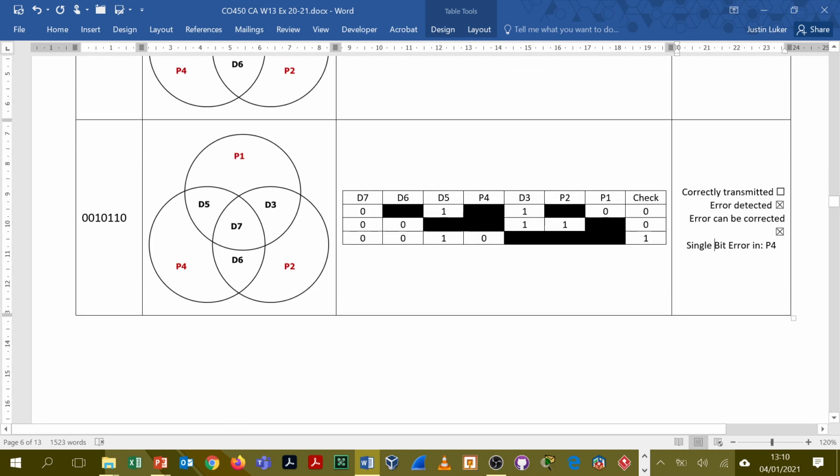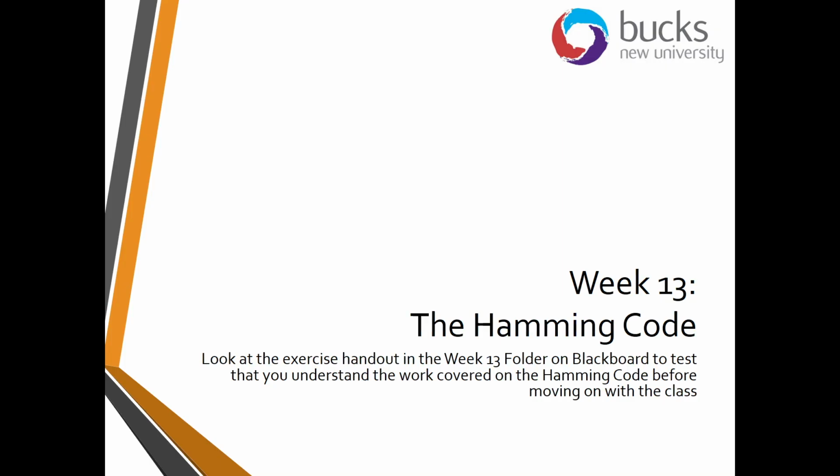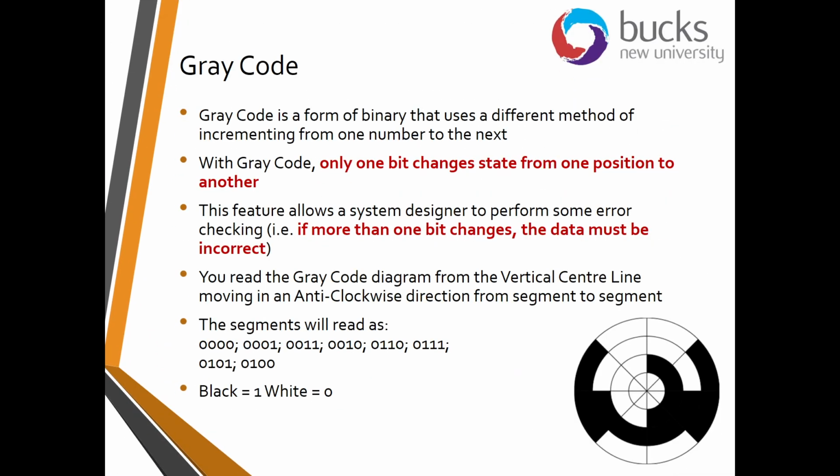Okay, so return to the slides. So this moves on to the final part, in fact the final thing for the entire module. So we finish in week 13. This is our final set of content, and this is the final part of week 13's content. So grey code is where we end.